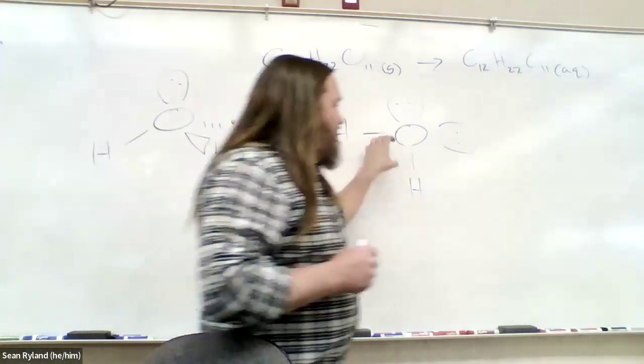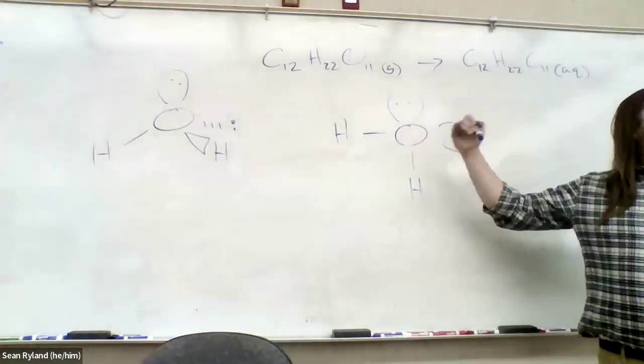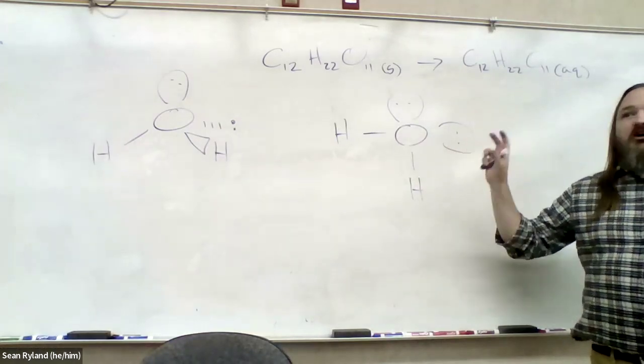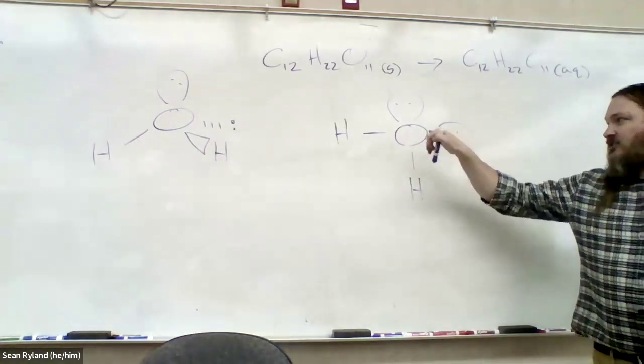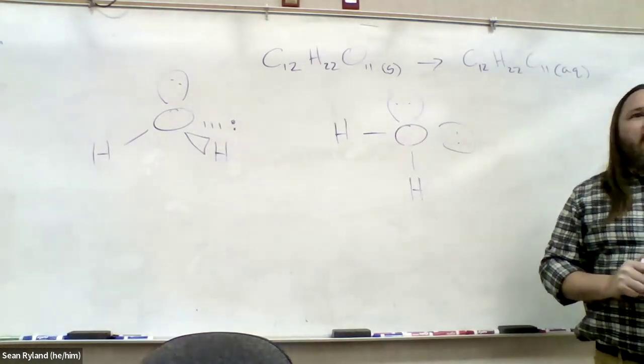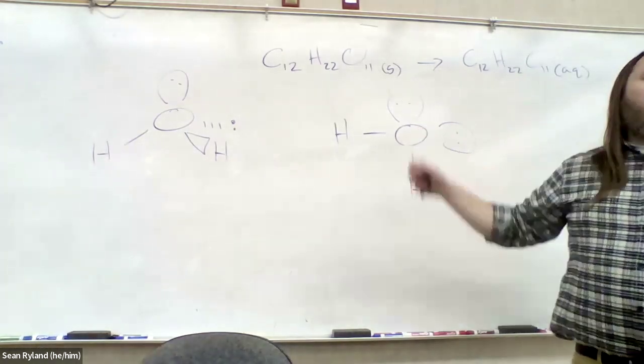So that means even though this entire molecule is neutral, even though formal charge is 0 for everything, there is an overall difference in charge because the oxygen gets more of the electrons than the hydrogen does. If the oxygen gets more electrons than the hydrogen, we get a partial charge.